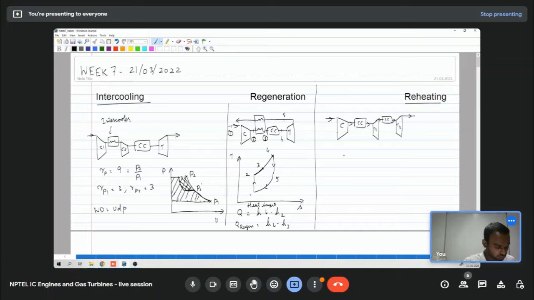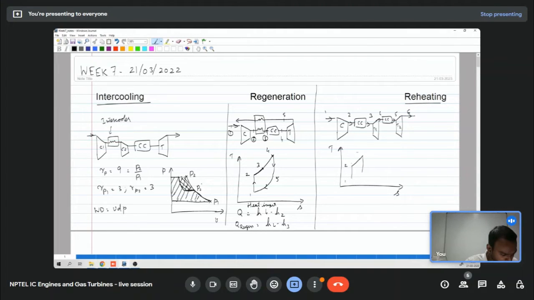So with reheating, for compression, assume this 1, 2, 3, 4, 5 and 6. Initial compression happens at constant entropy, and then this combustion chamber adds the heat at constant pressure, something like this, and then we will have a first expansion, and then we have the second combustion chamber.